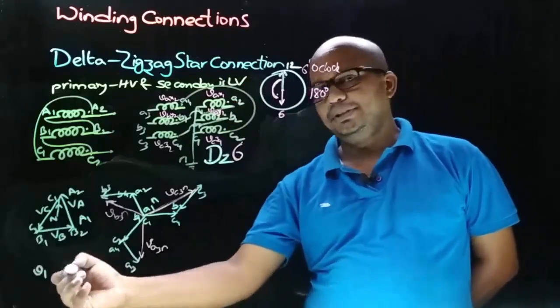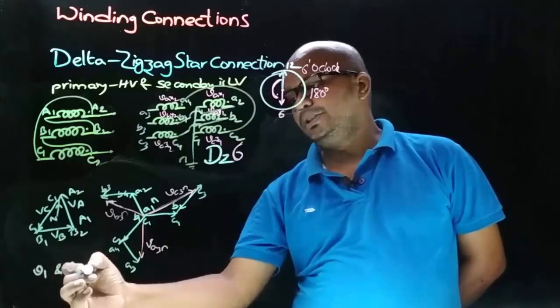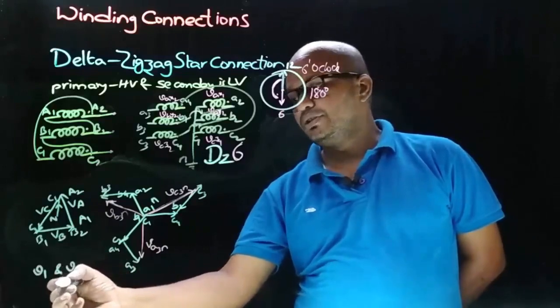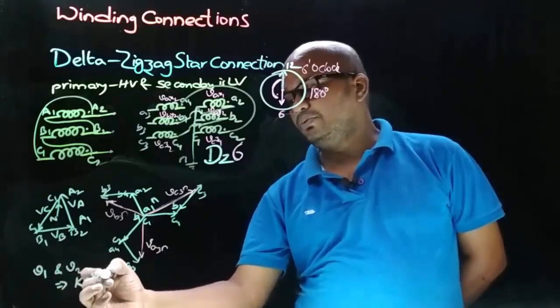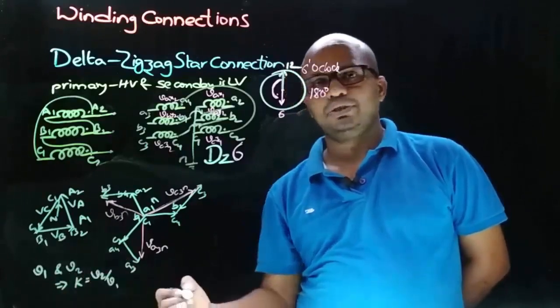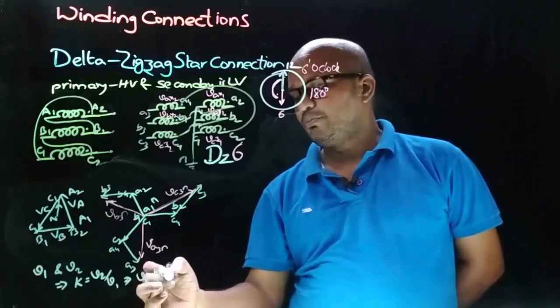Let small v1 be the primary side phase voltage and small v2 be the secondary side phase voltage. That implies the transformation ratio constant K is equal to small v2 by small v1, which means v2 is equal to K into small v1.